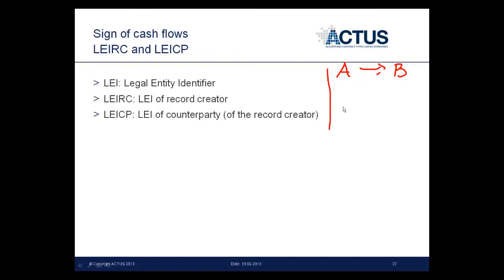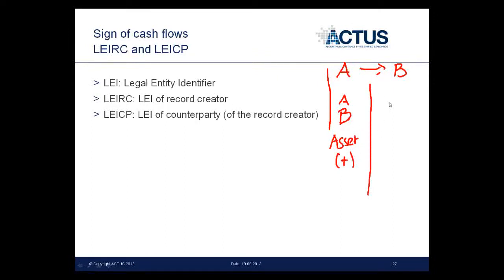In this case, LEIRC is A, so they would put A here. They would put B here. And they would say it's an asset. Or in short, has a positive sign.